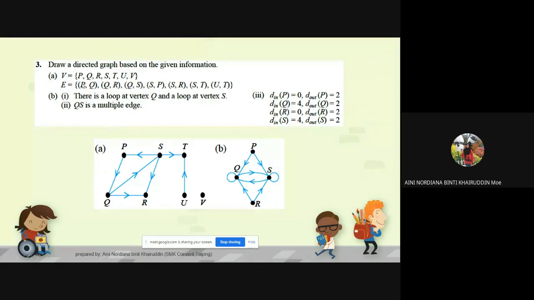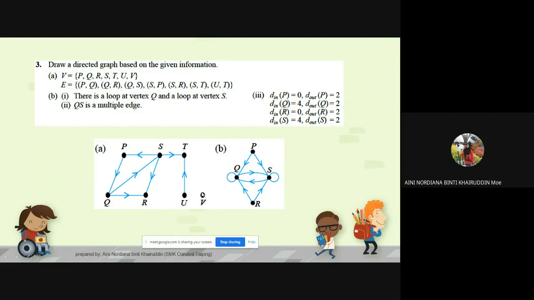And then P to Q, don't forget the arrow. Q to R, Q to S, S to P, S to R, S to T, and U to T.